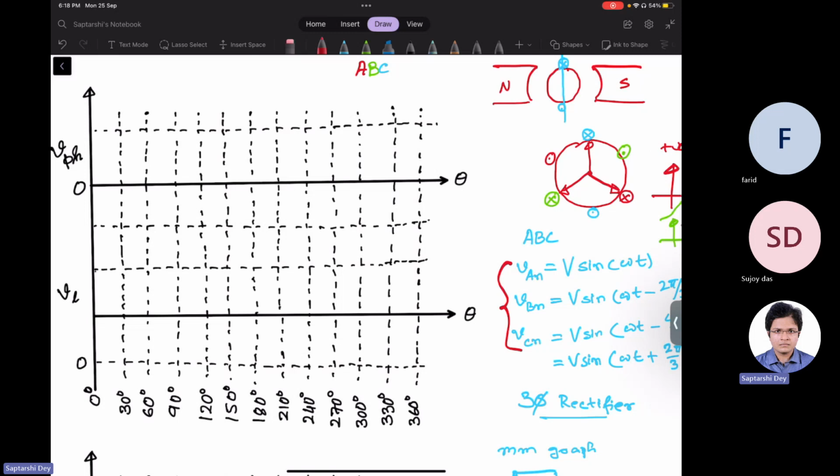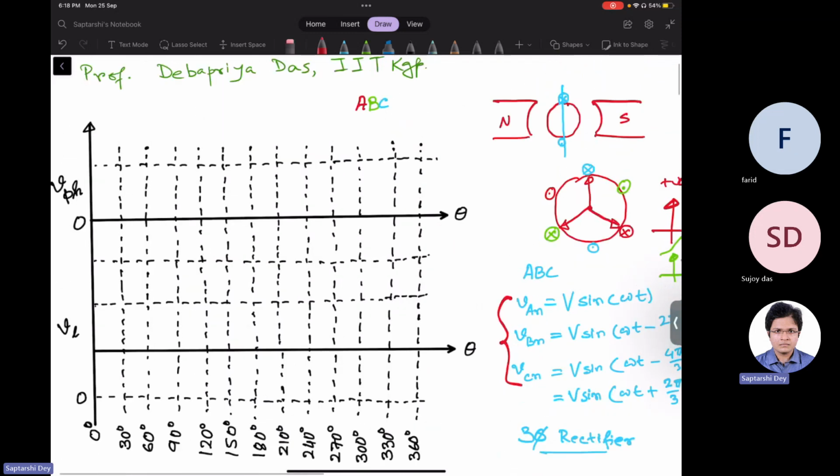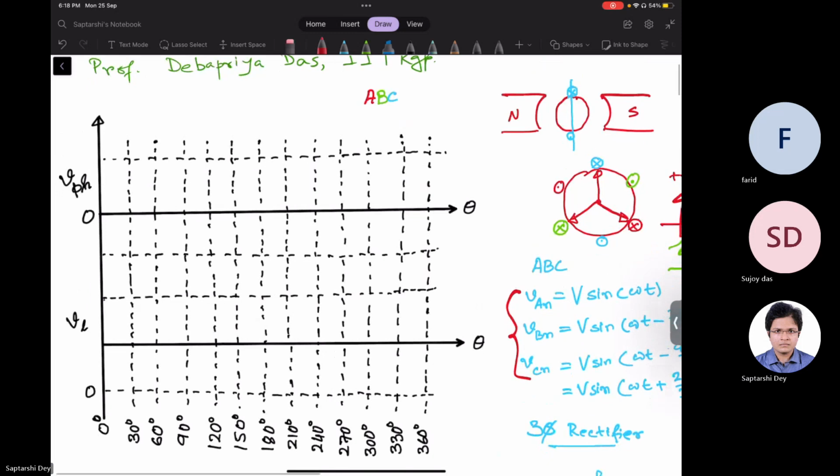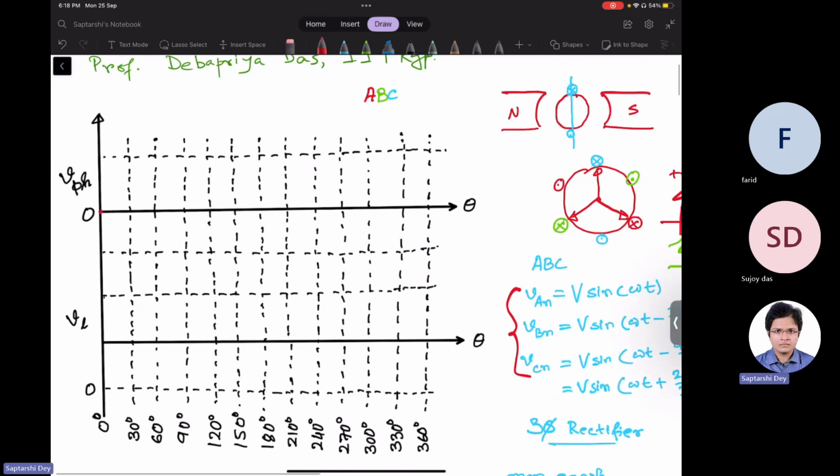We will start with phase A. Phase A has a positive zero crossing. I am marking with red dots. I hope you can see. Has a positive zero crossing here. Yes, it is visible. Now it will reach the peak at 90 degree.